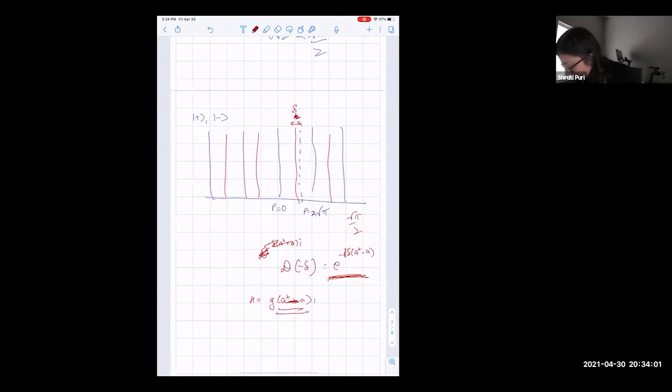So you just evolve your oscillator for a time gt equal to delta, and then you will correct for your displacements. This is it.